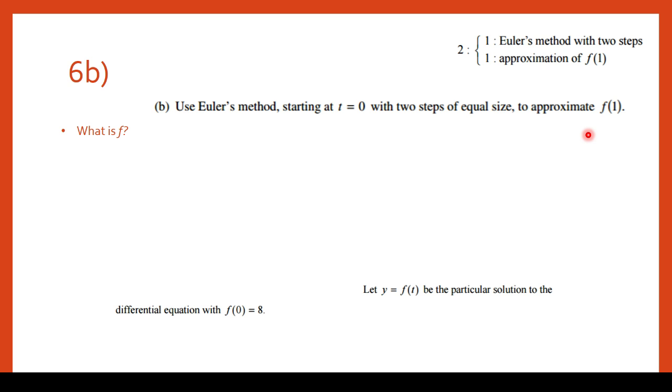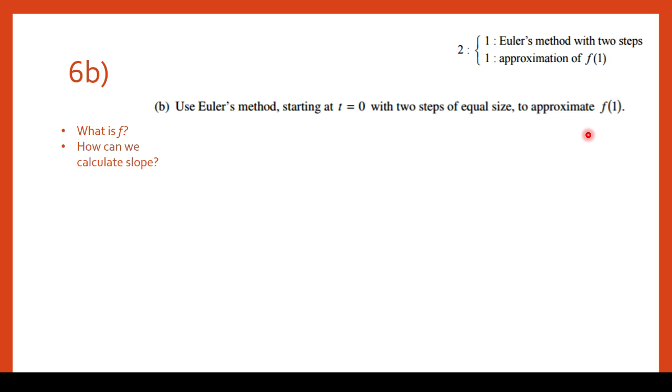They told us in the question that the solution curve that runs through f of 0 equals 8, so (0, 8), is f. Therefore, the solution curve at the top of the slope field that we were looking at earlier is f. How can we calculate slope? Using the differential equation that they gave us.